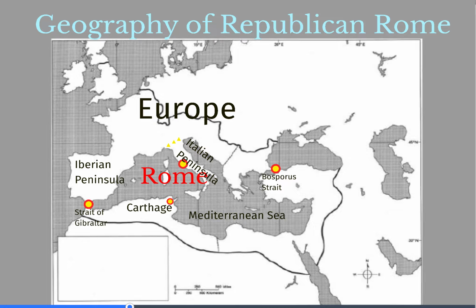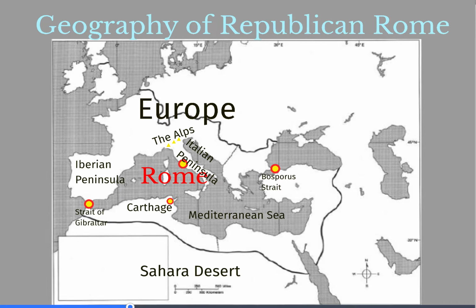Somewhat limiting the expansion of Rome in the continent of Europe are mountain ranges like the Alps, although they do end up occupying most of this territory north of the Alps. And to the south, blocking any further expansion of Rome southward is the Sahara Desert, which was just this dry land with really no value to Rome at all. So that sort of explains the furthest extent of the Roman Empire.